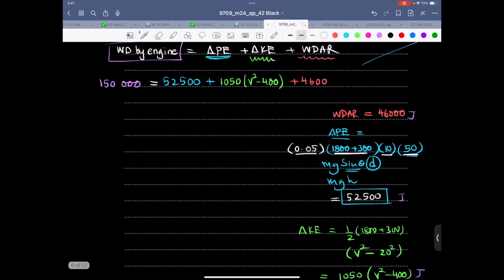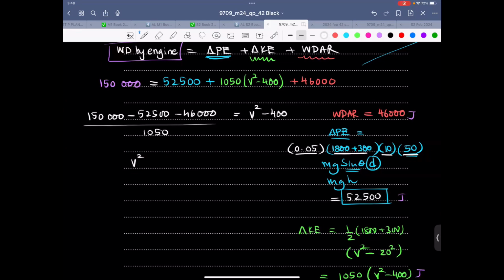Let me make v the subject. 150,000 minus 46,000, I forgot a zero. So now it's negative 52,500, negative 46,000 divided by 1050. And this comes out to be v square minus 400.